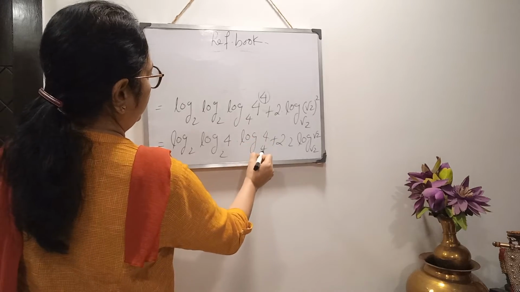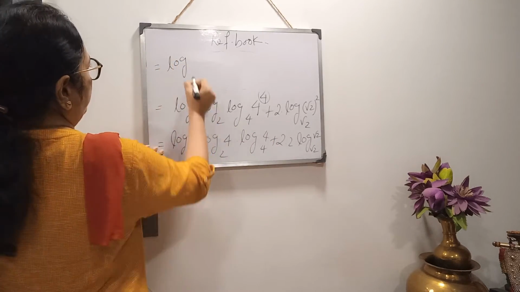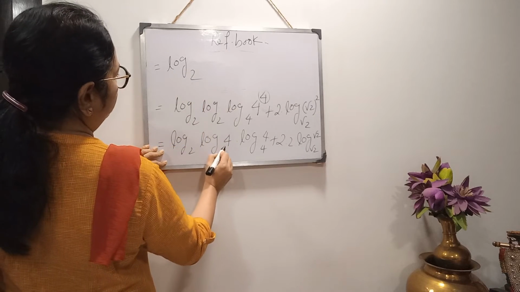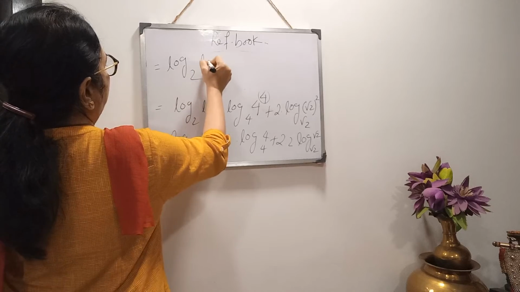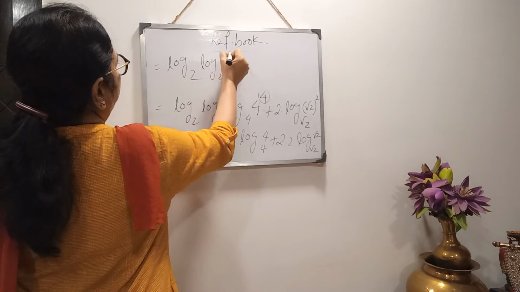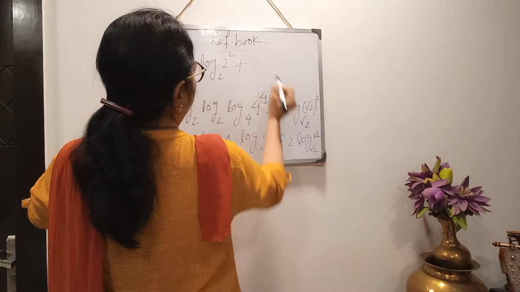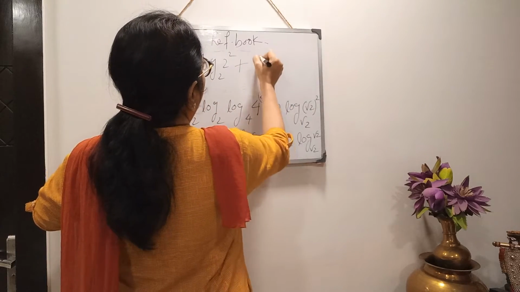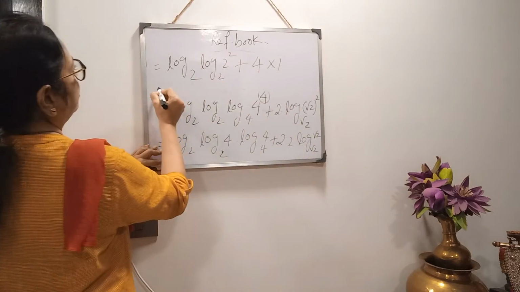Four to the base 4, same, its value is always 1. Here 4 means I can write 2 square here, and its value is 1, plus 2 into 2, 4, and root 2 to the base root 2, value is 1.